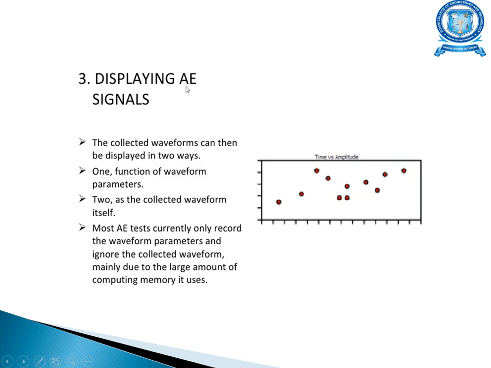So this is displaying the acoustic emission signal. The collected waveforms can be displayed in two ways: one, as a function of waveform parameters, and two, as the collected waveform itself. Most acoustic emission tests currently only record the waveform parameters and ignore the collected waveform, mainly due to the large amount of computing memory it uses.